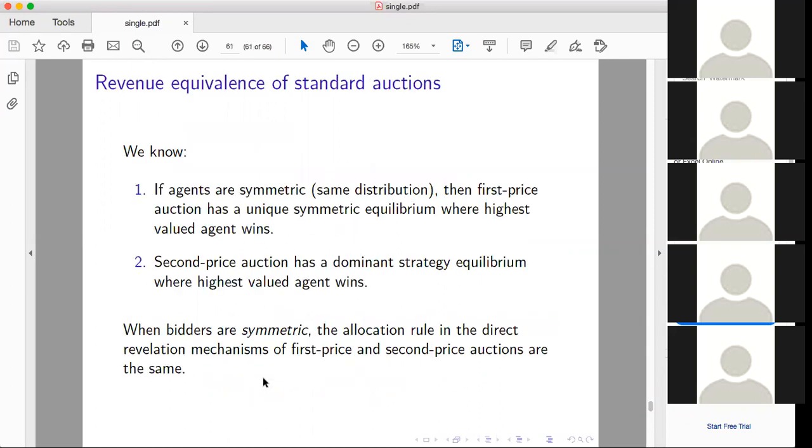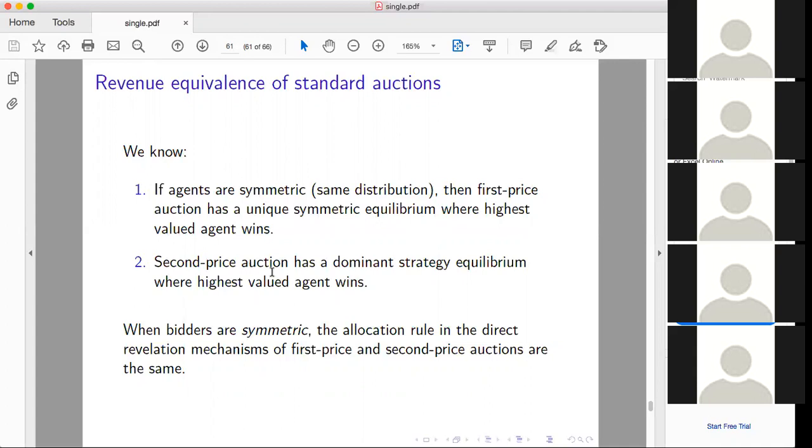This is what is known as revenue equivalence in standard auctions. Remember, in a symmetric first price auction, there is a unique symmetric equilibrium where the highest valued agent wins. Symmetric means that each agent is drawing from the same support using the same distribution. In that case, the first price auction has a unique symmetric equilibrium where the highest valued agent wins.